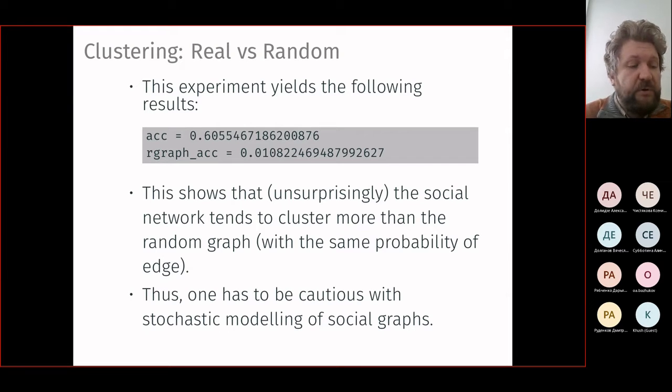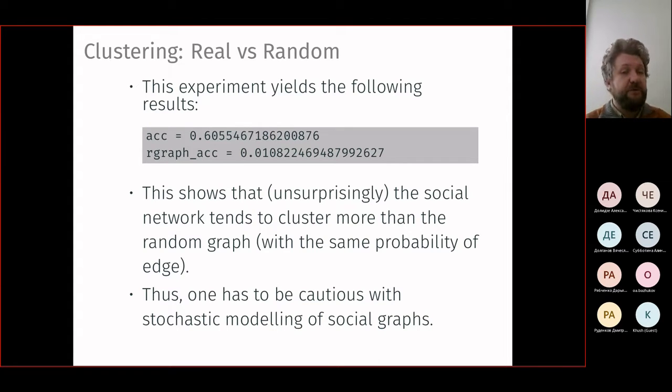So what does this show? It shows that one has to be really cautious with stochastic modeling of social graphs. We've seen that in the examples of trying to model the pandemic of COVID-19. When you try some simple randomized model, like Erdős-Renyi, it will capture the first parameter, which is the probability of an edge.